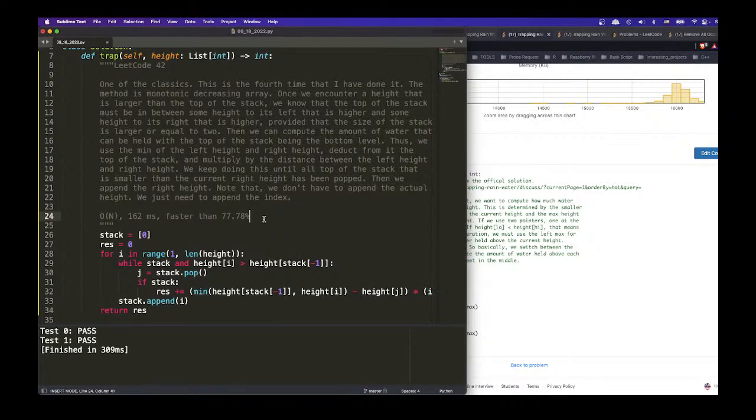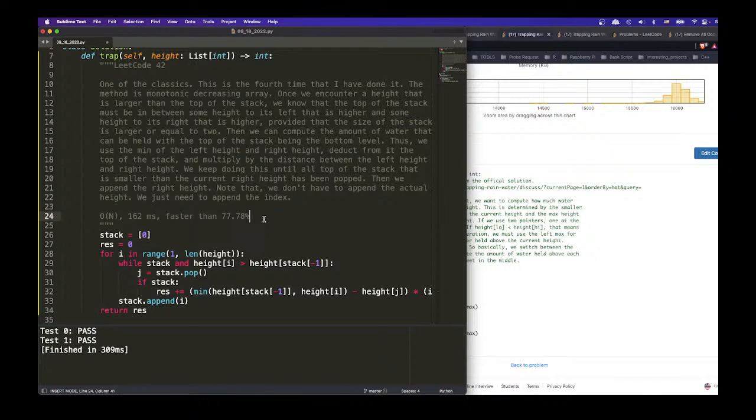So the left and the right. And we walk from the left. If left is small, oh yeah, the official solution is this. So we walk from left to right. No, whoever is smaller will be the one we start to walk.